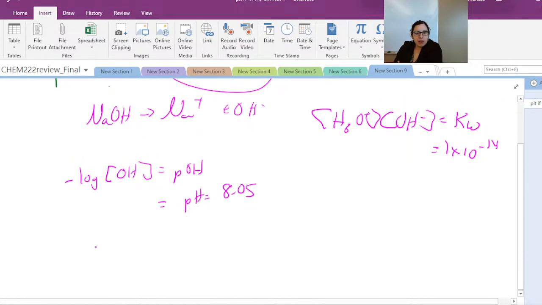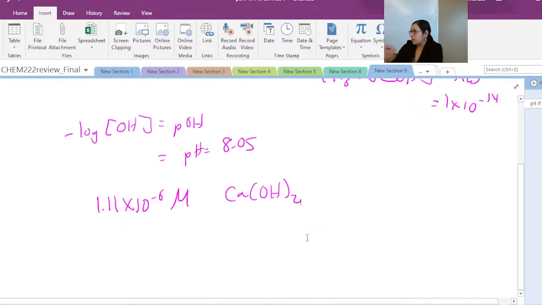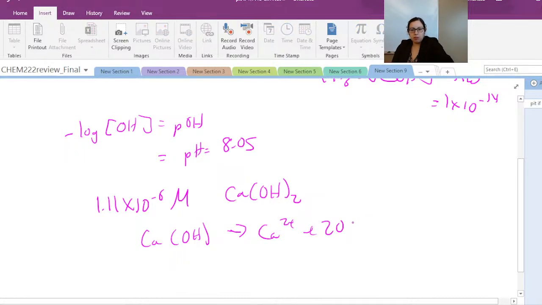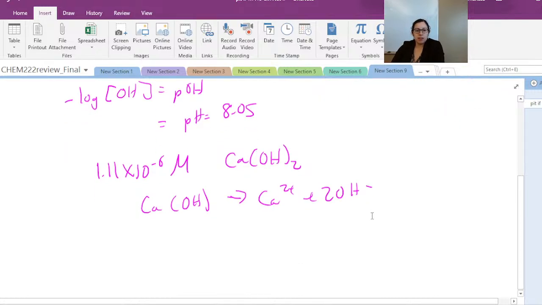Let's say we had 1.11 times 10 to the negative 6 molarity of calcium hydroxide, right? That does make 2 equivalents, so you would have to account for that in the pH. Formally writing out our dissociation, we make 2 equivalents of hydroxide.